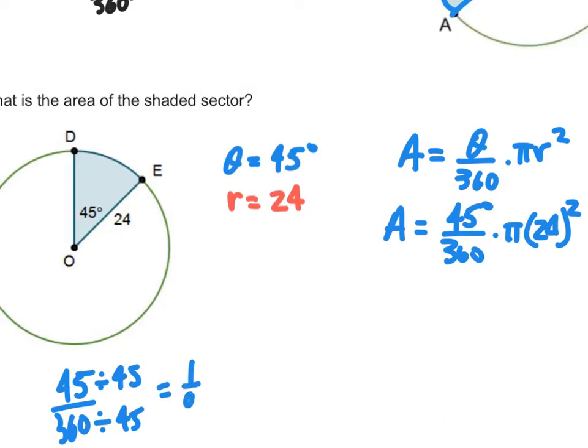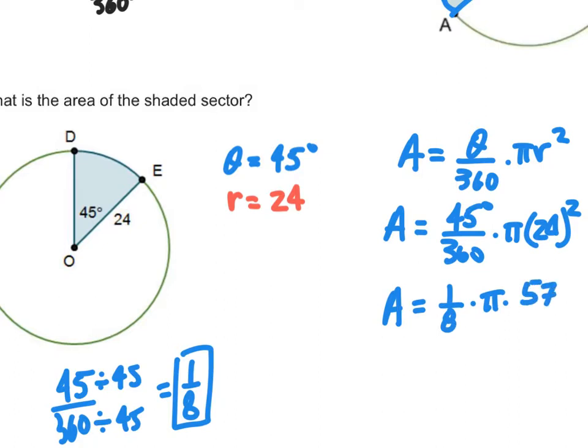So this can be rewritten as 1/8. If you recognize that you can simplify fractions, go ahead and do that. So my area is going to be 1/8 times pi times 24 squared. 24 times 24 gives me 576, so let me rewrite this as 576 times pi all over 8.